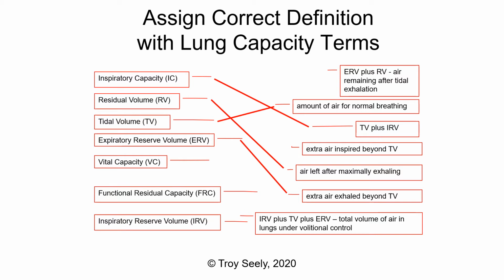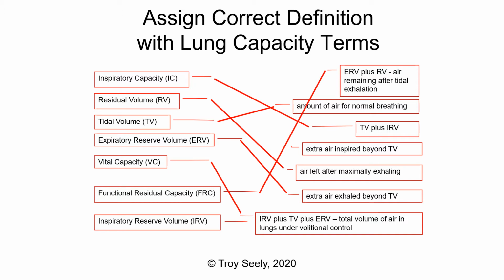Expiratory reserve volume is the extra air exhaled beyond tidal volume. Vital capacity is inspiratory reserve volume plus tidal volume plus expiratory reserve volume. So it's the total volume of air in the lungs that we have under our volitional control.